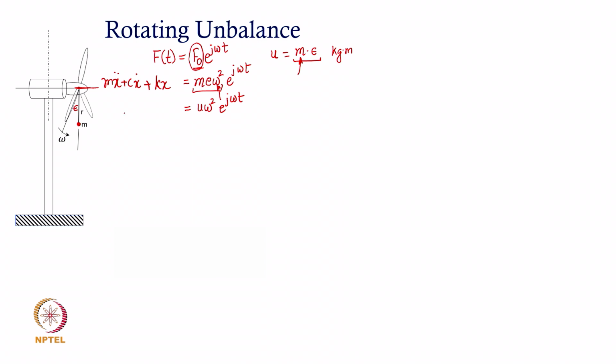So, in any case, by assuming the unbalance to be u, we solve this by the usual process of assuming the response, and because this is going to be solved for a constant rotational speed, the assumption of the vibration response, let us say x of t equal to capital X e to the power j omega t, is still valid because we are considering a constant rotational speed of the rotor.